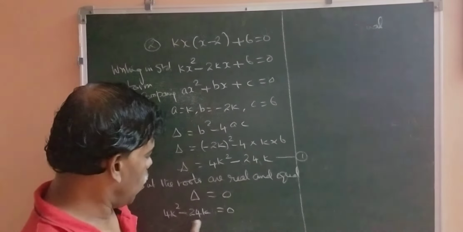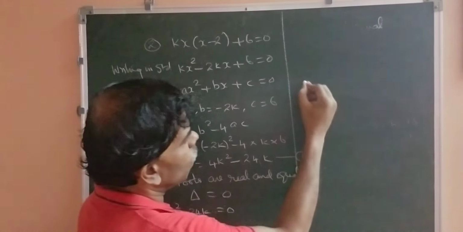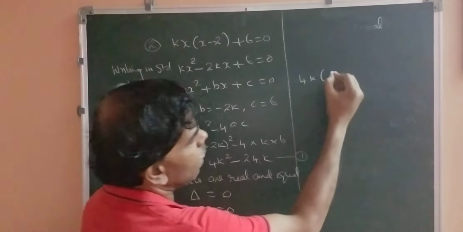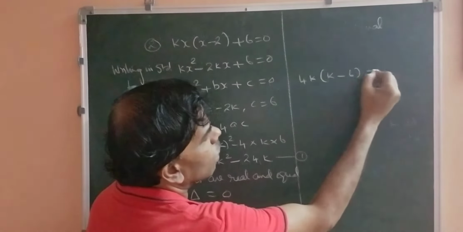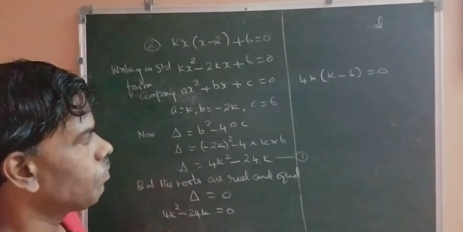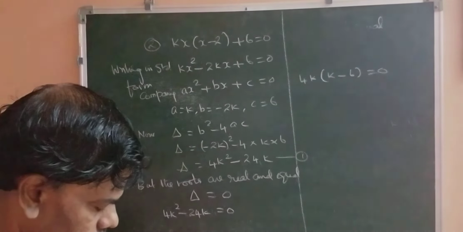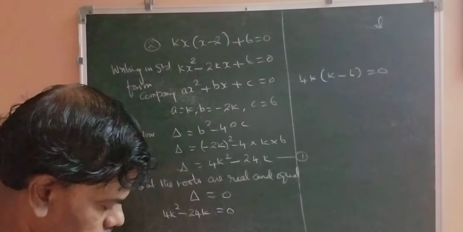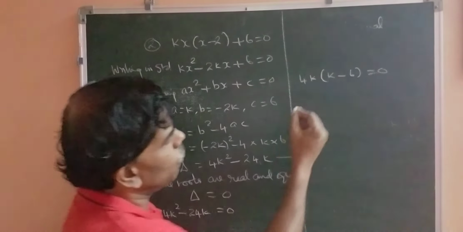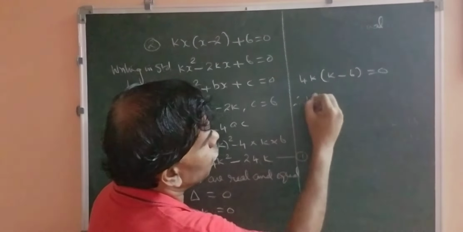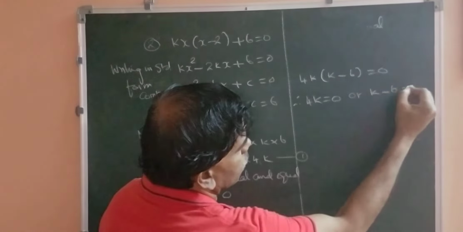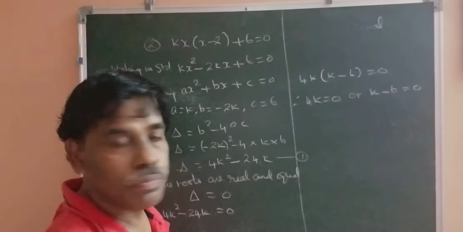Now look at this. What is common here? 4k is common. So k minus 6 equal to 0. Therefore, either 4k equal to 0 or k minus 6 equal to 0.